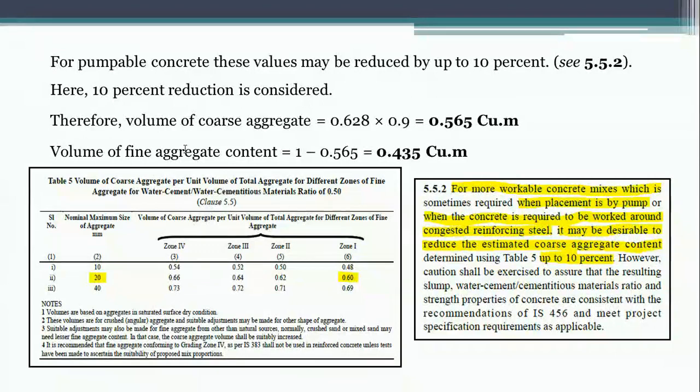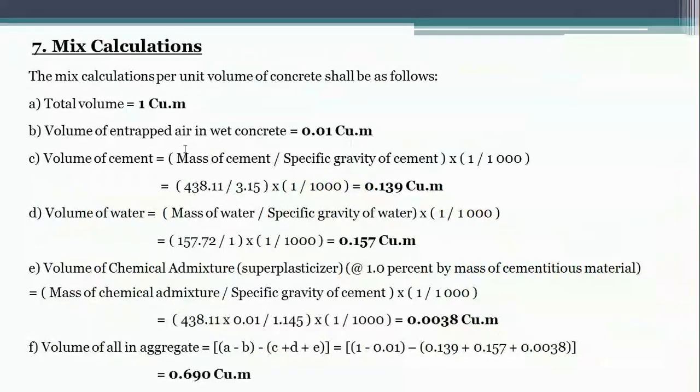You can just keep it as 0.628, and 1 minus 0.628, whatever value you get, will be the volume of fine aggregate. But in this problem they have given the method of concrete placing as pumping, so we have to reduce the volume of coarse aggregate by 10%. So 0.628 into 0.9 is 0.565, and the volume of fine aggregate is 1 minus 0.565, you will get 0.435. Okay, so I hope you understood.